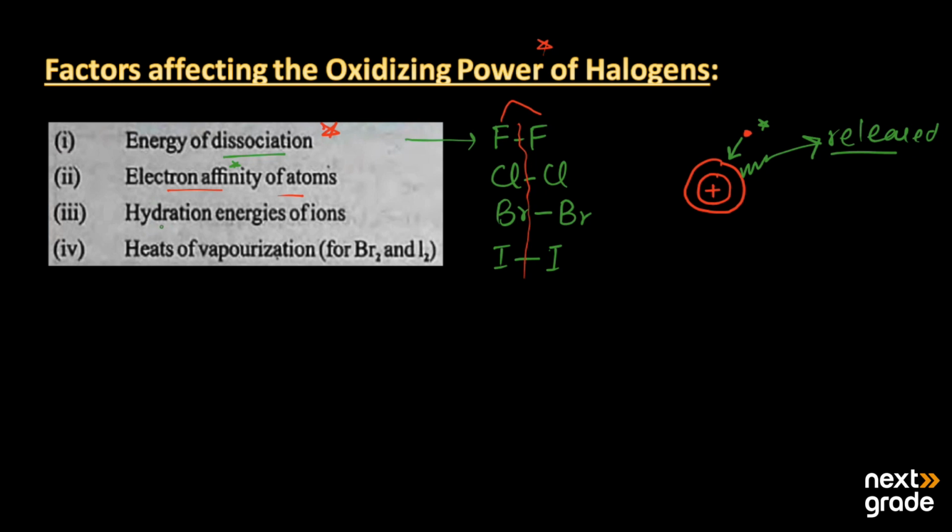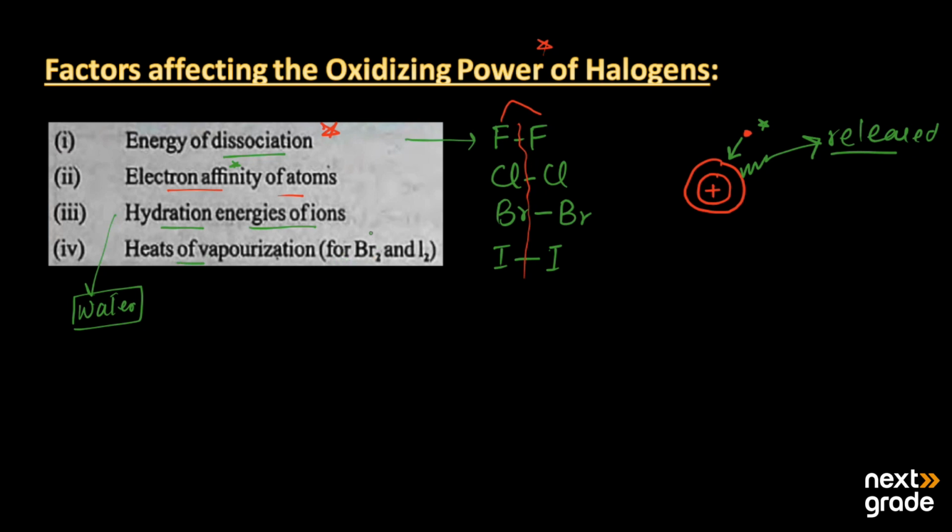It also depends upon the hydration energy of the ions. The word hydra means water. When the ions are added to water, the amount of energy released is called the hydration energy of the ions. The last factor is the heat of vaporization.